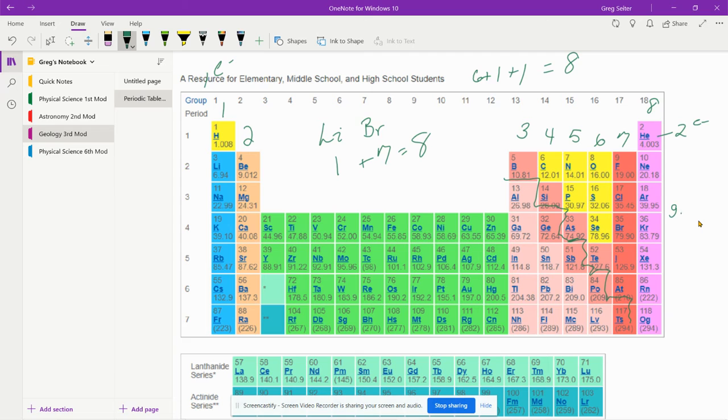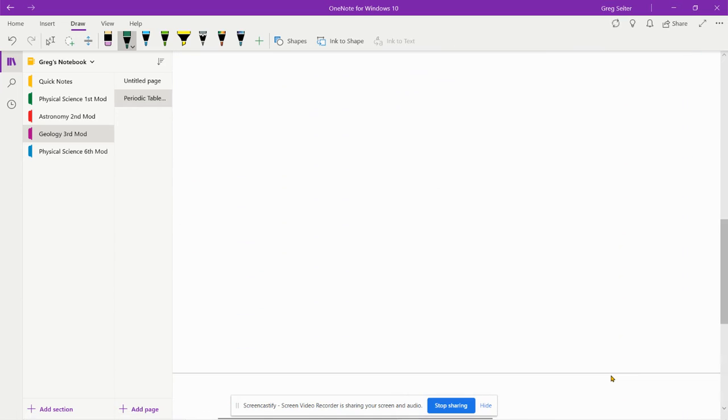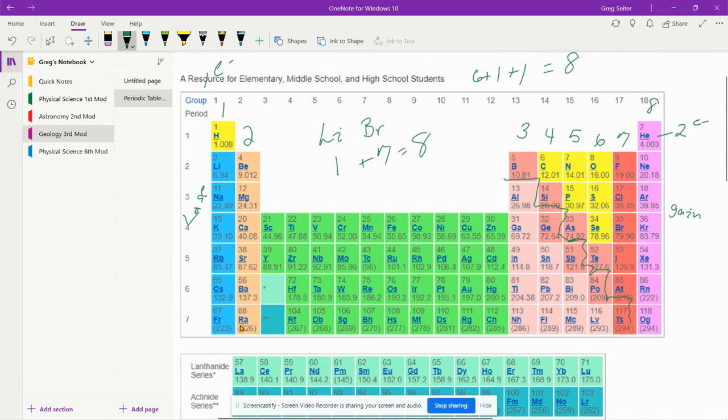Everything over here likes to lose electrons. So hydrogen, when I lose an electron, ends up being a 1 plus. Sodium is in that same family, it's a 1 plus. Potassium's there, that's a 1 plus. Everything here will be a 1 plus ion.